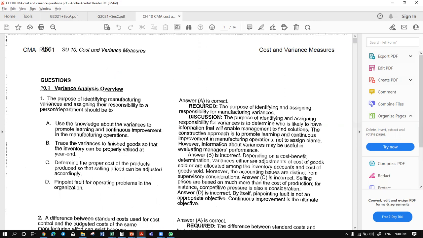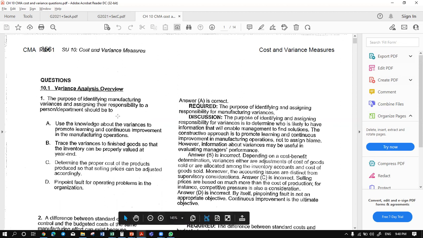Right. So what is the question? The purpose of identifying manufacturing variance and assigning the responsibility to a person or department should be to use the knowledge about the variances to promote learning and continuous improvement in the manufacturing process. What is C? Determine the proper cost of the products produced so that the selling price can be adjusted. Pinpoint the fault of operation problems in the organization.